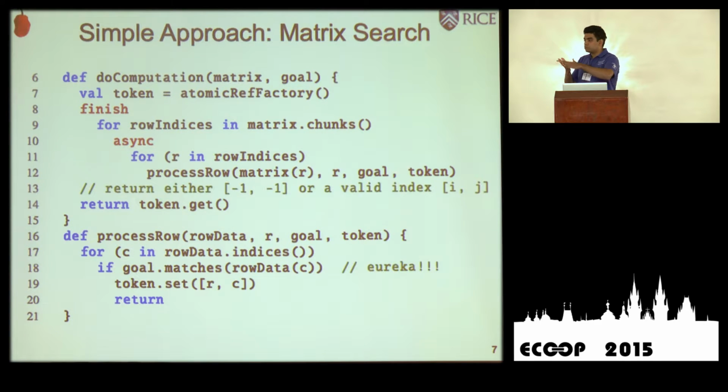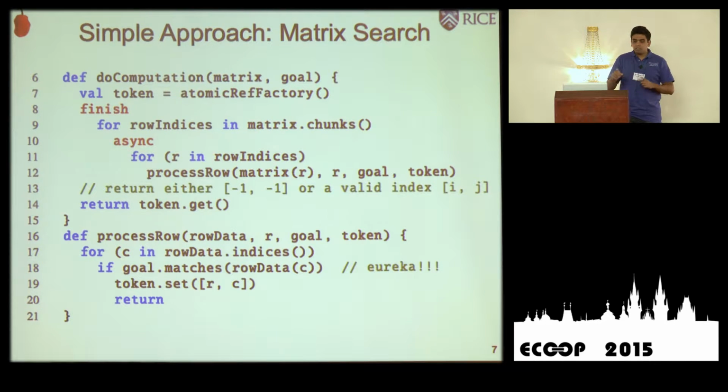So if the task was processing, say, rows 10 through 15, and it found the result in row 12, it would still go ahead and process rows 13, 14, and 15, because there is no way to return from the caller of process row. So the for loop that's executing in lines 11 and 12 would still continue running these other tasks. So the first problem is that we have redundant computation in the currently executing task, even though it knows that it found a result.